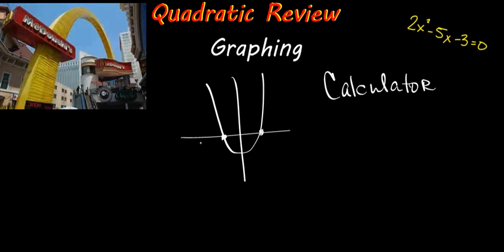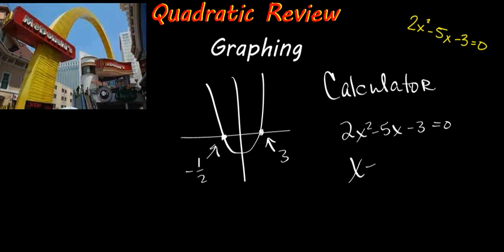Now, when your calculator spits this out at you, you will need to find the zeros, and you'll find that that's going to be at -1/2, and that's going to be at a 3, which means my solution to 2x squared minus 5x minus 3 equals 0 would be the answers of x equals -1/2 and 3.